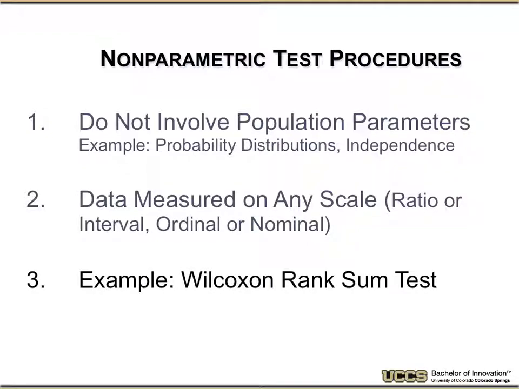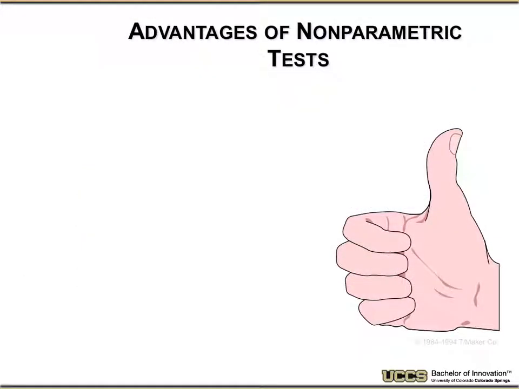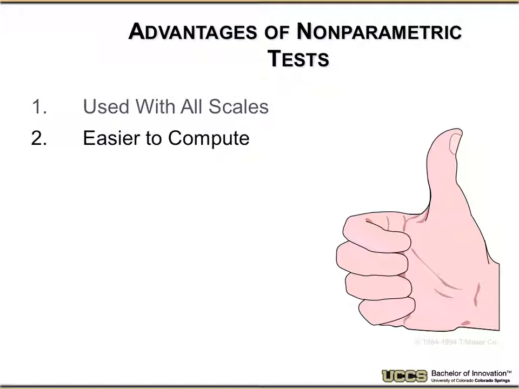An example of this would be the Wilcoxon rank sum test, the Wilcoxon rank test, and a bunch of other things. So the advantage of non-parametric tests is that they can be used with all scales. They're easier to compute in some senses. The amount of computation is often fewer CPU cycles.